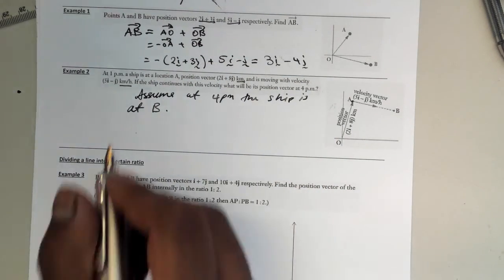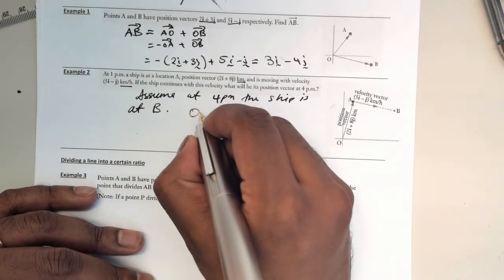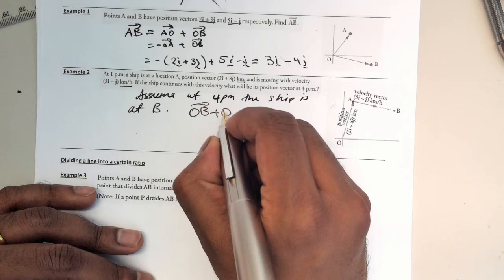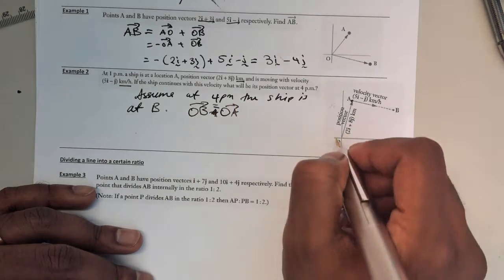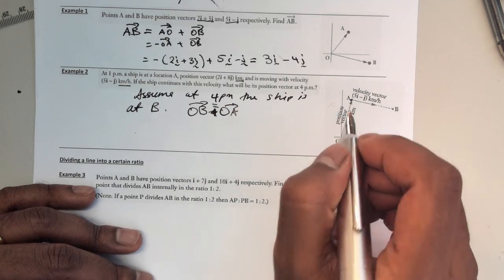How do I turn this kilometers per hour into just kilometers, into a distance? Yep, so speed multiplied by time gives me distance. In other words, OB equals OA plus AB.